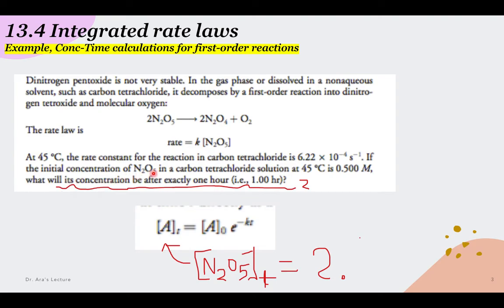If the initial concentration of N2O5 in a carbon tetrachloride solution is 0.5, what will its concentration be after exactly 1 hour? So we need to calculate at time t. We have k and we have the concentration of nitrogen pentoxide at time 0. So what is it after the specified time of 1 hour?